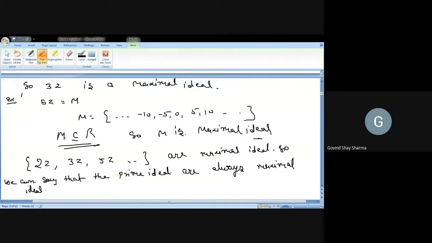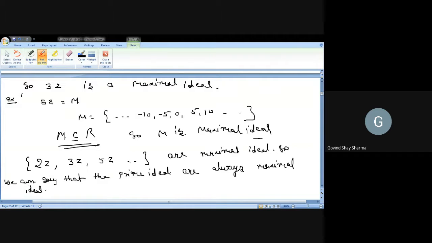We can conclude that if an ideal is generated by a prime number, then this ideal will be maximal. This is an important remark also.